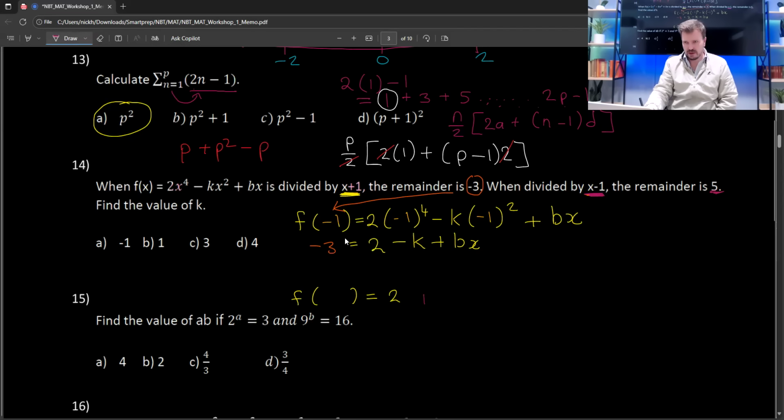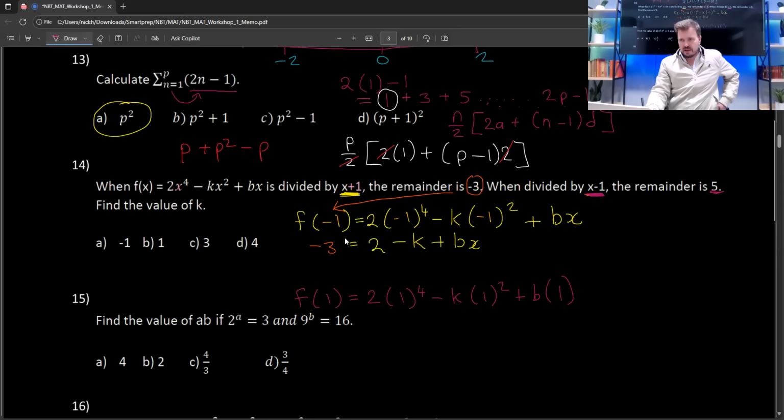Okay, so 1 to the 4 minus. Let's just do this one in purple, just so that you can see the different equations. So f of 1 is equal to 2 times 1 to the 4 minus k times 1 squared plus b times 1. Now this one is 5. So I say 5 equals 2 minus k plus b.